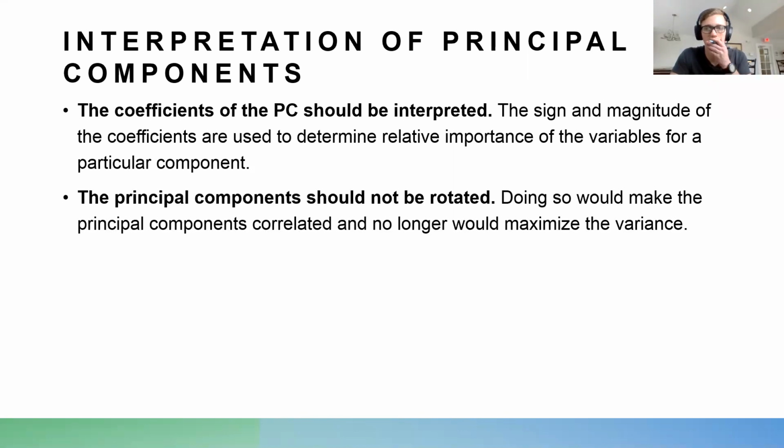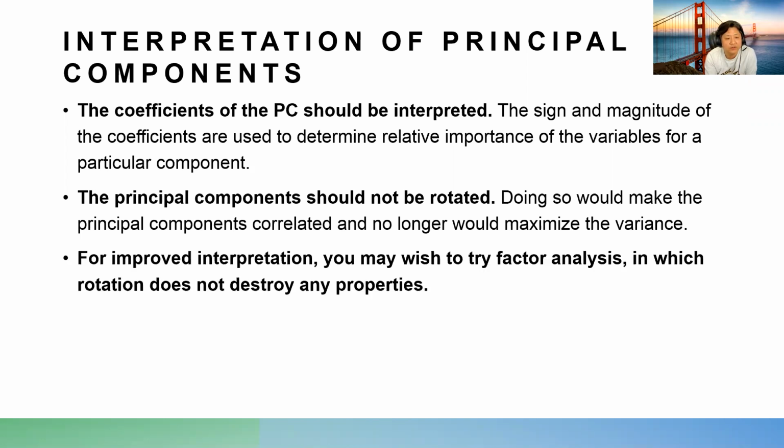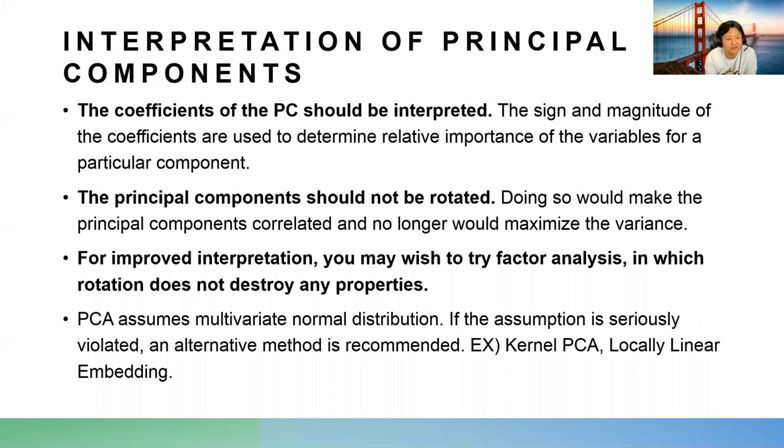And principal components should not be rotated because they are orthogonal. If you rotate, you will lose some variance information. If you rotate, the variance of the principal component will not be the eigenvalue anymore. For improved interpretation, you may wish to try factor analysis, where rotation does not destroy any properties. And PCA assumes multivariate normality.